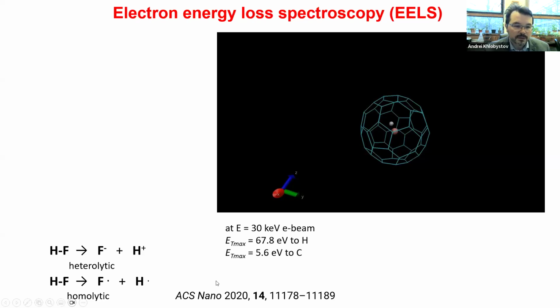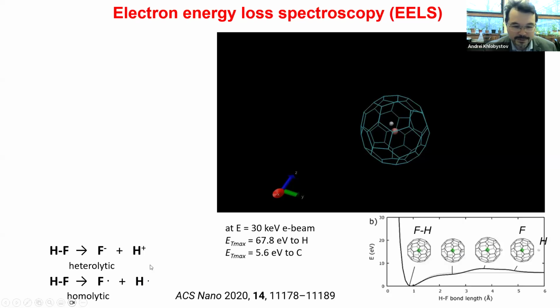And what happens is that we break the hydrogen-fluorine or hydrogen-oxygen bond in H2O quite quickly under these conditions. And to the surprise of many physicists who work with me, it was not heterolytic dissociation of the bond, where we form a proton and a fluorine anion, but a homolytic process where we form a radical of hydrogen and a radical of fluorine.